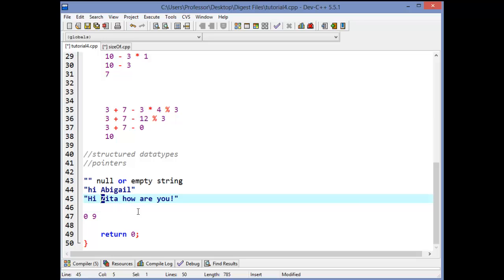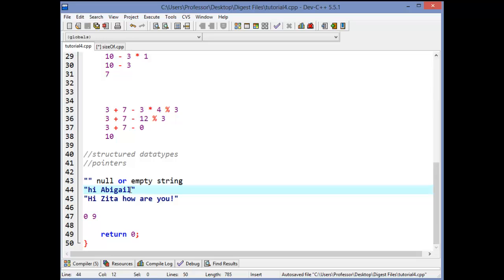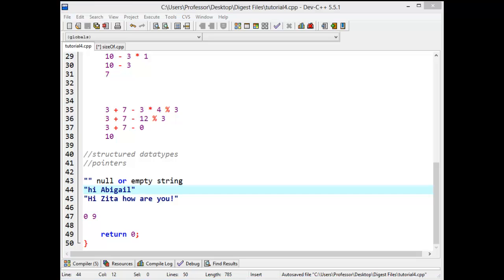Character. Is that okay? Then in hi Abigail, the L is at position, we have 0, 1, 2, 3, 4, 5, 6, 7, 8, 9. Is that okay? It is at position 9. That makes it the 10th what? Character.